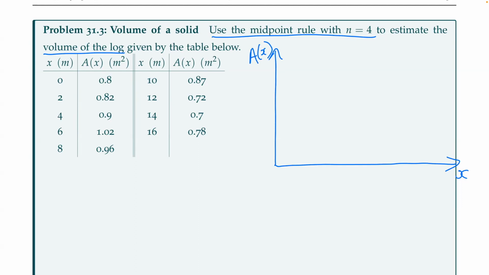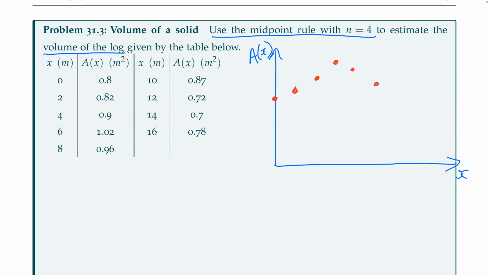Okay, so here we start off at, let me change my color, we start off at 0.8 meters, and then we go up to 0.82, a little bit higher, 0.9, 1.02, 0.6, 0.7. This is just a sketch at the end of the day, right?